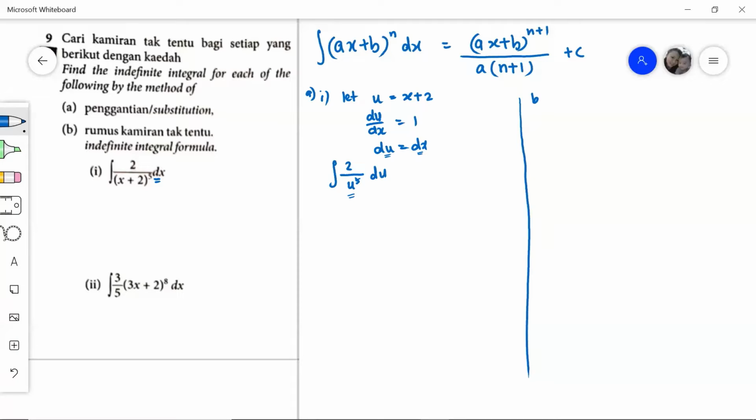So we just integrate this. We can only integrate the negative index in the negative index form. So we copy everything with plus 1 and then divide by the new power, which is -4, plus c. Oh, this can be simplified.